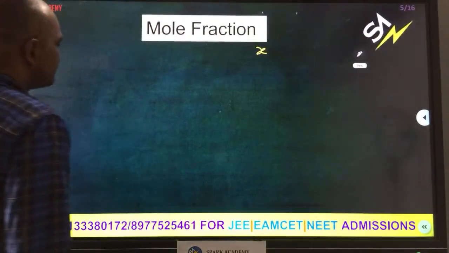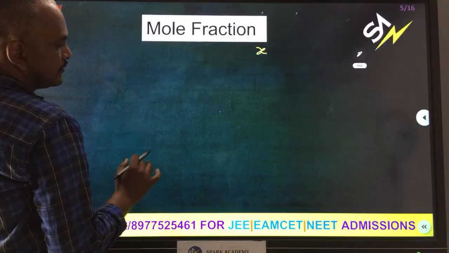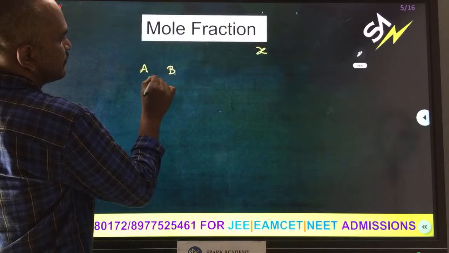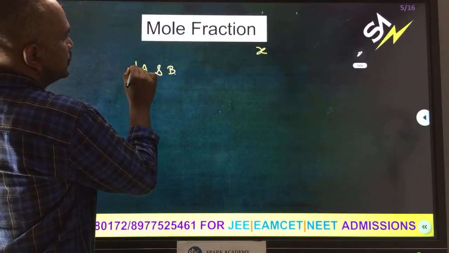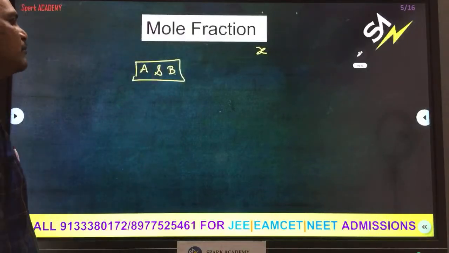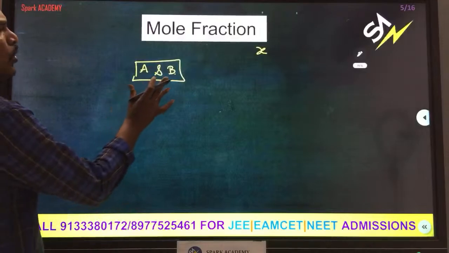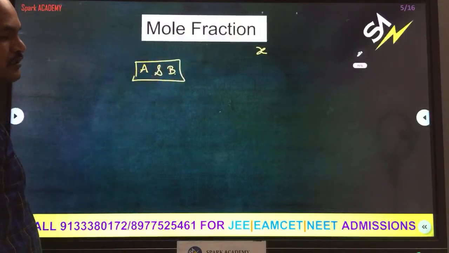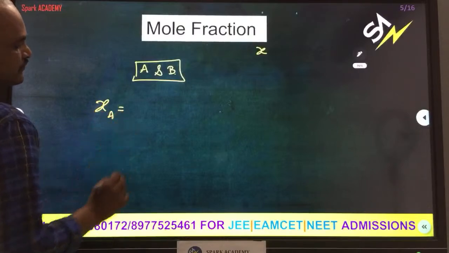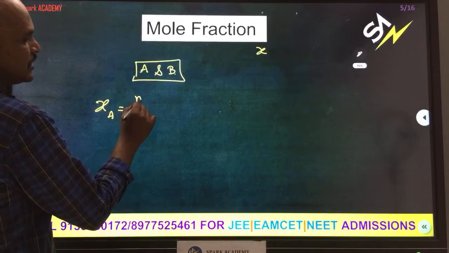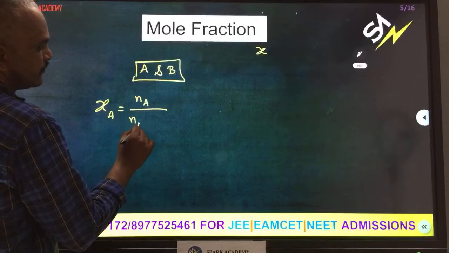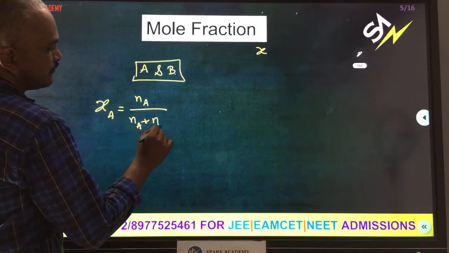For example, in a solution two components are there, A and B. From these two components, we want to find the mole fraction of A. For this, we can find number of moles of A by number of moles of A plus number of moles of B.